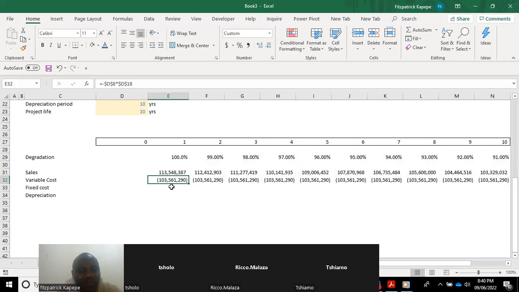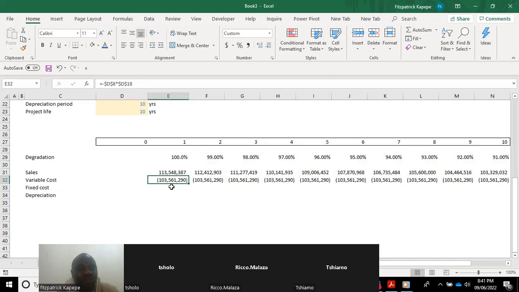I think that's what's messing it up. I'm saying, how do you do that? At the top there on the formula, I see it's a negative. But how do you reflect it as brackets instead of the real negative showing throughout? Why we show it as negative in here is basically to say it's an expense, so it becomes easier to start summing the numbers.